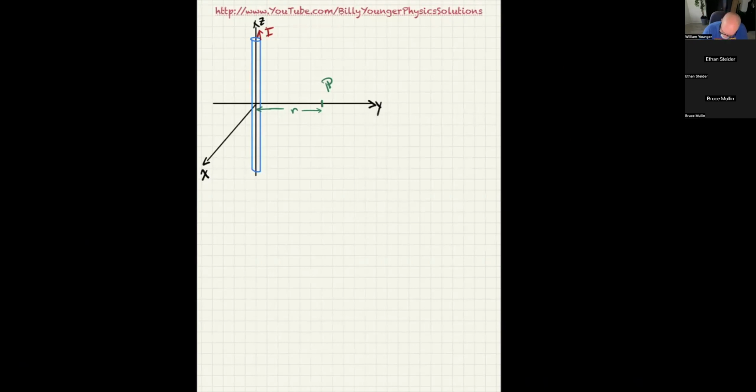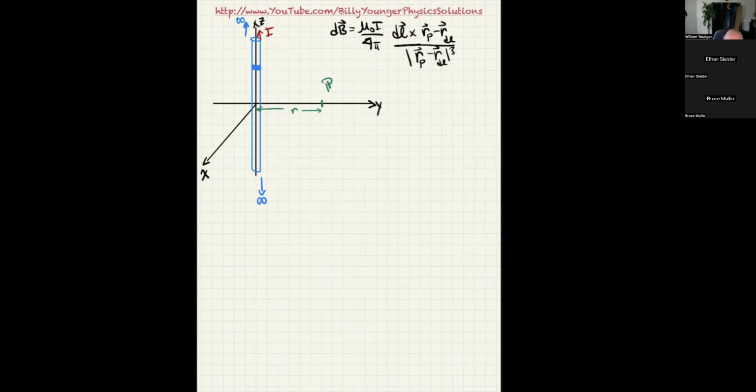Now, what I'm also imagining, as I said, is this goes on for infinity that way and that way, of course, as well. So I'm going to imagine a little bit of differential line element, because what we know is the formula dB is equal to mu 0 I over 4 pi times dl cross R P minus R dl over the magnitude of R P minus R dl cubed.